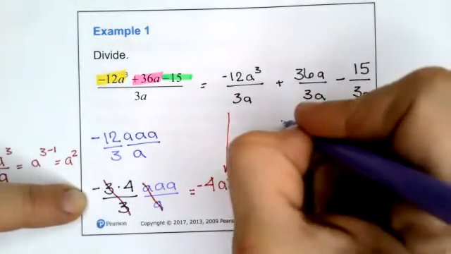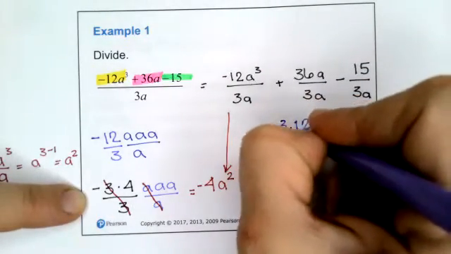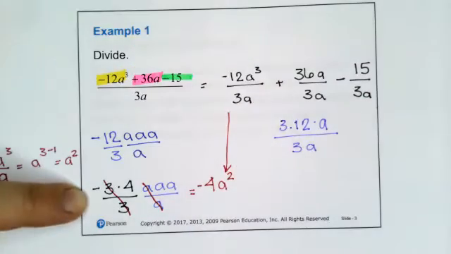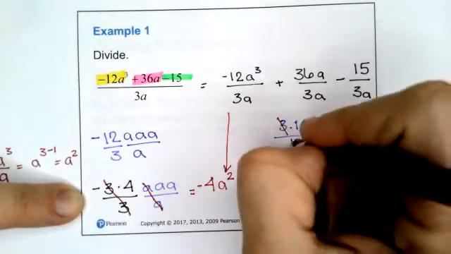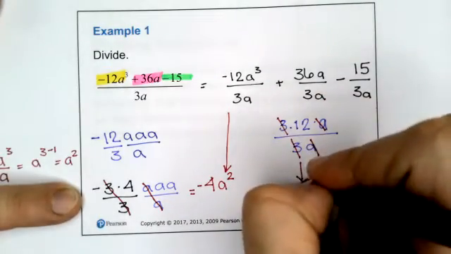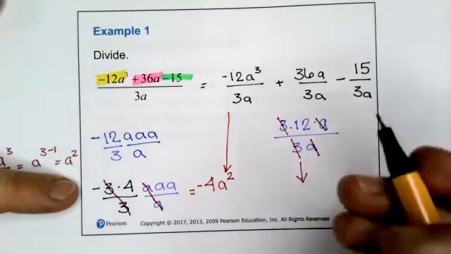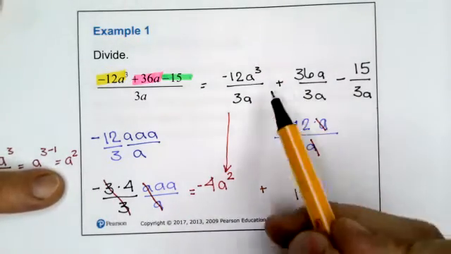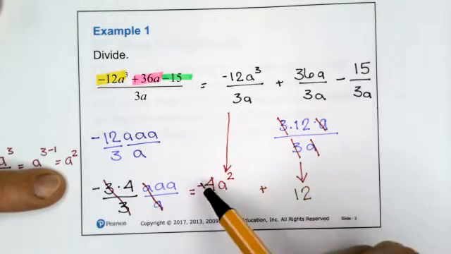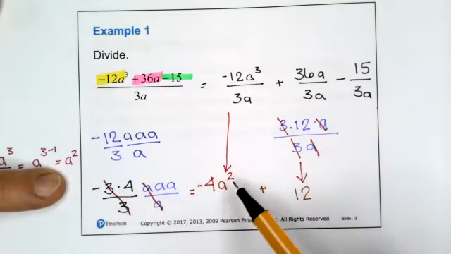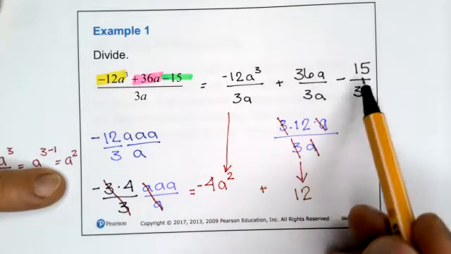So 36 factors to 3 times 12 times a over 3a, right? What can we cancel? We can cancel the 3 and the a, and we're just left with 12. So that's a positive 12. Because that was a plus, we canceled out a positive 3. So we're keeping the negative, still negative 4a squared plus 12.